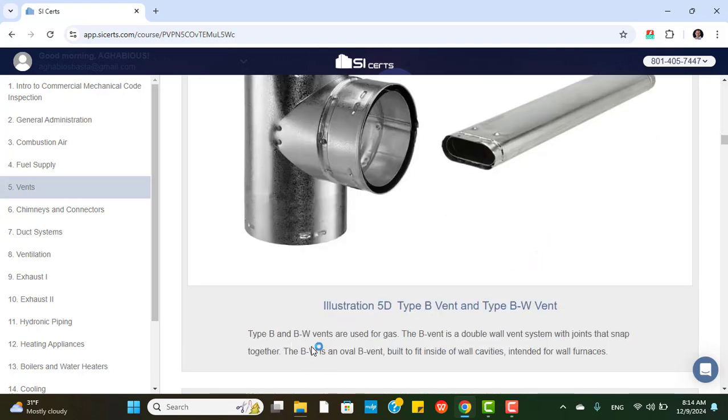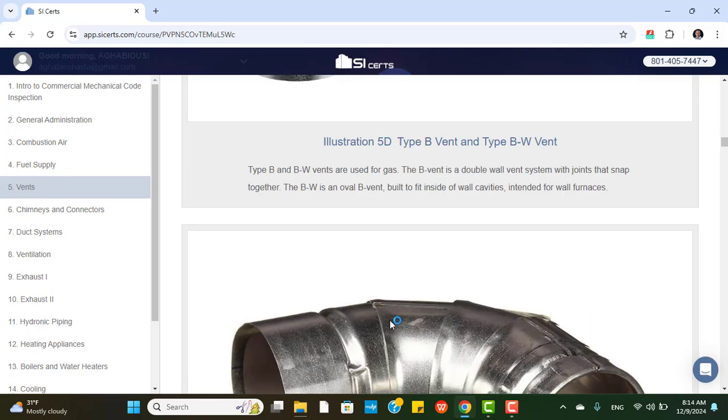Type B and PW vents are used for gas. The B vent is a double wall vent system with joints that snap together. The PW is an oval B vent built to fit inside of wall cavities, intended for wall furnaces.